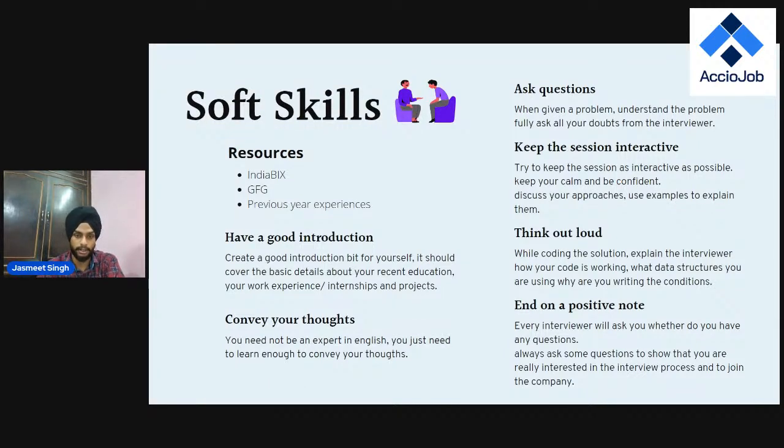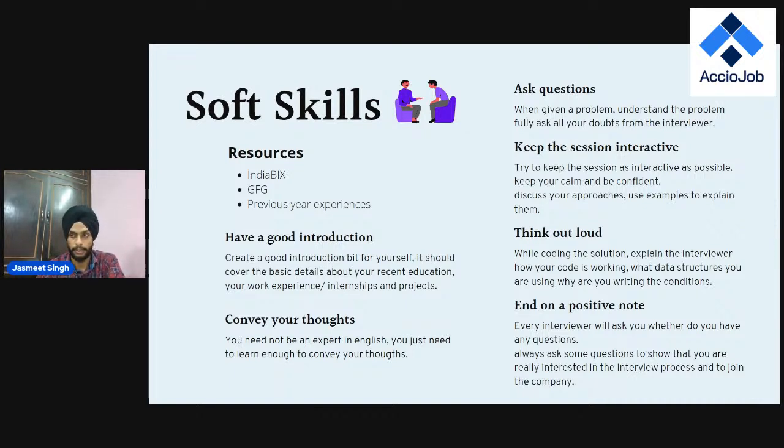Okay, for example, you can start, hi, I'm Jasmeet Singh, I've done my education from so and so college, and I have done several internships where my role was this, I was assigned a problem, this was the solution that I came up with, and my solution helped to solve these problems. Okay, and coming to my projects, I have made projects in this technology.